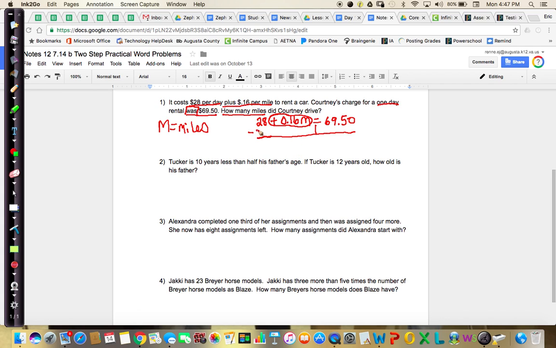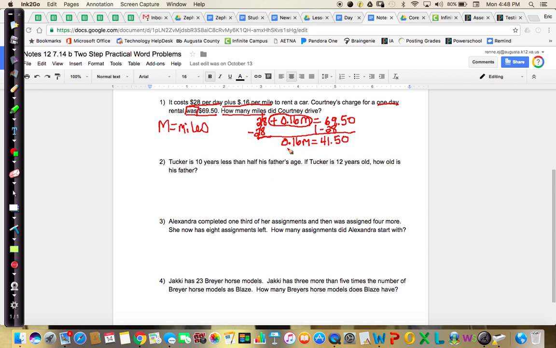So I want to subtract 28 to make it equal 0. So the 28s will cancel. Bring down your variable. And now do your subtraction. 69.50 minus 28, of course, is 41.50.